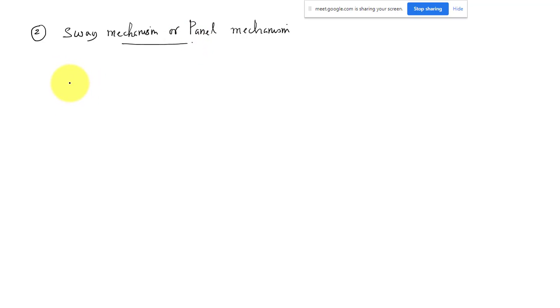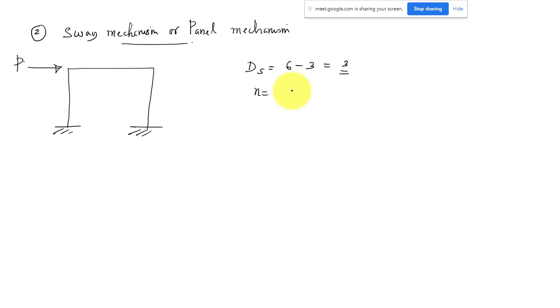Suppose we have a small frame like this, and both supports are fixed. Let us say I am applying some load P. So what is the static indeterminacy of this frame? 6 minus 3, that is 3. So the number of plastic hinges to form the mechanism is 3 plus 1, equal to 4.